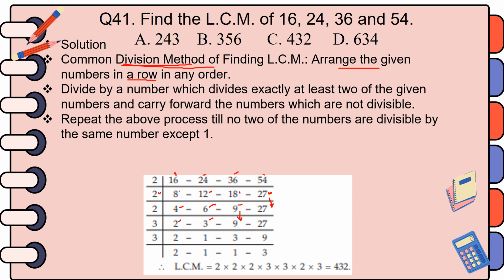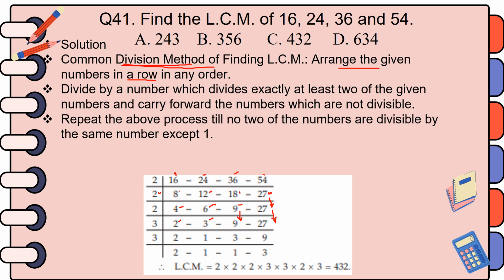Previously we forwarded 27 because it cannot be divided by 2. Now again it cannot be divided by 2. So again forward number 27 to the next stage. Now you have numbers 2, 3, 9, and 27.